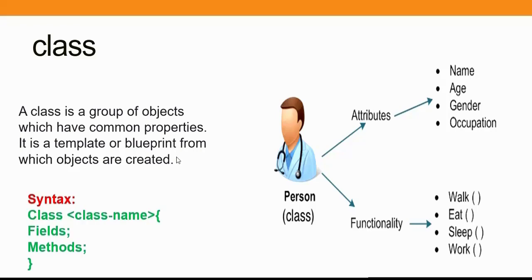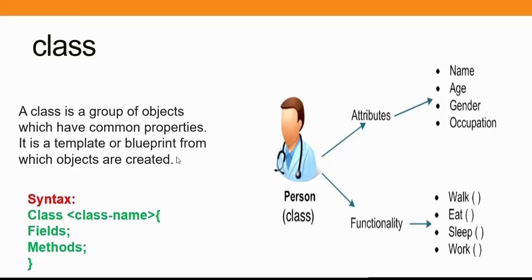Grapes, bananas, apple, they all come under the class of fruits, isn't it so? So when I say class, we can say class is a fruit. In that class fruit, we can have objects such as apple, orange, bananas, grapes. So that is how we create class. Class is a group of objects which have common properties.